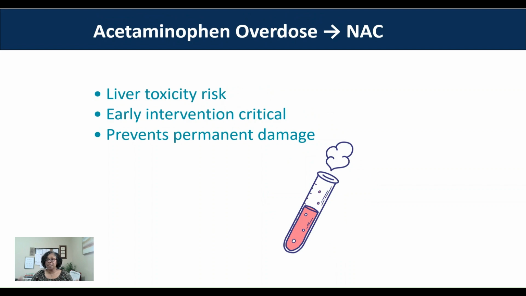Typically you'll see this in the ER, and the provider will order acetylcysteine, and they call it NAC. The biggest thing with this is when you get the history of your patient and you start to realize they've taken too much acetaminophen, the NCLEX wants you to realize I need to intervene early so I can prevent damage to the liver.